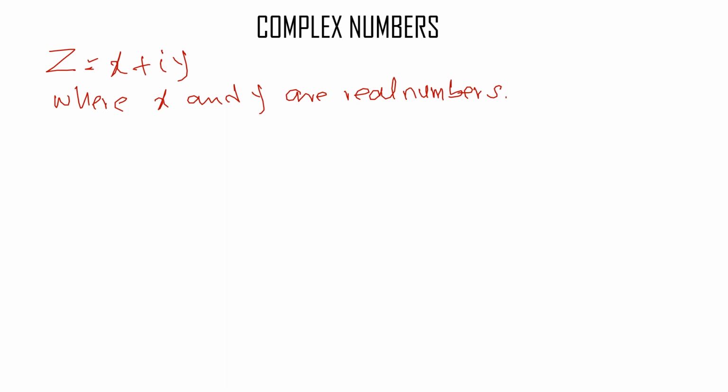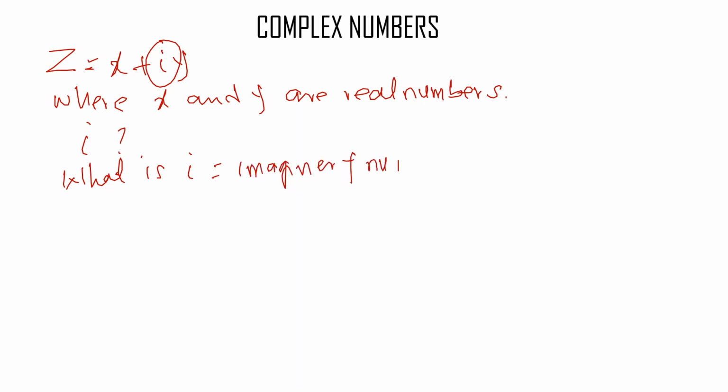Alright, if we say x and y are real numbers, then what about the i? So what is i? What exactly is i? i is simply an imaginary number.